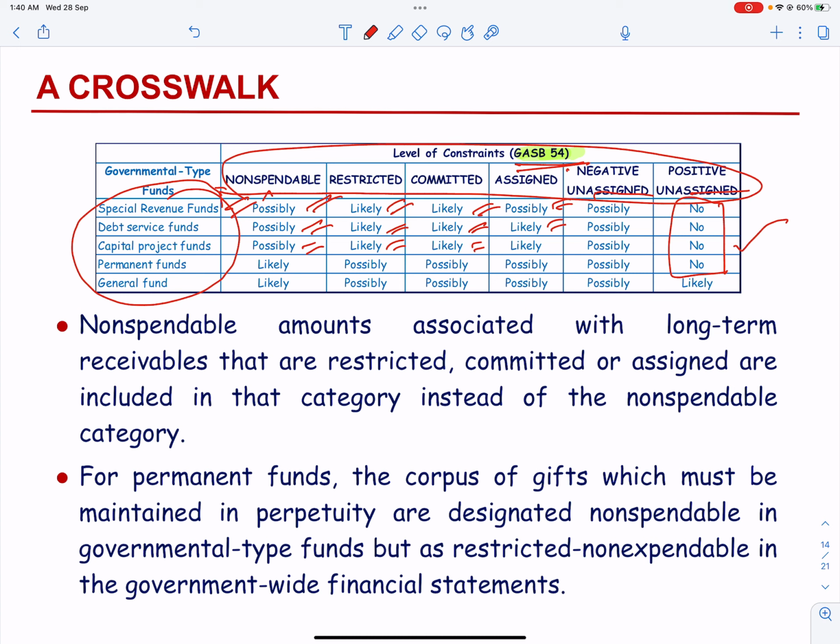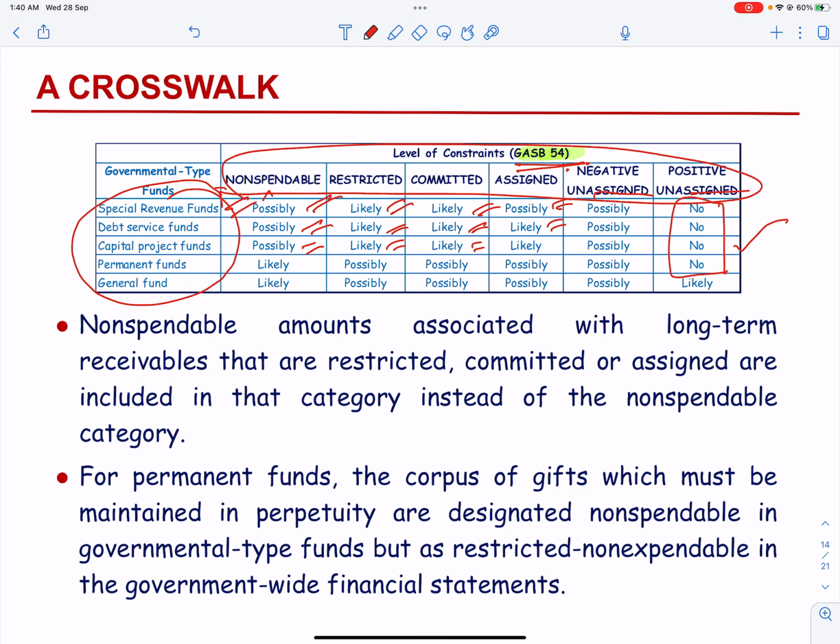So it could be possible that any of those apply. The general fund can have anything, they can be unrestricted, there is going to be only one general fund, and there will be many special revenue funds and capital project funds as they are.